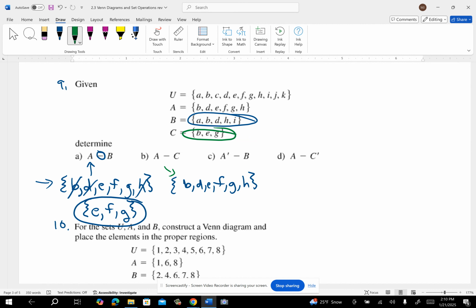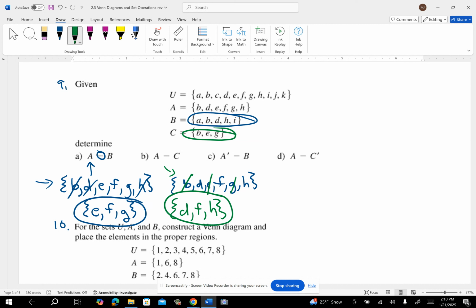And then we take away any elements from this set that we see in set C. So we would take away the B, the E, and the G, and then the answer would be the elements that are left from set A once we knock out the B, the E, and the G. So that would be your answer to that one.